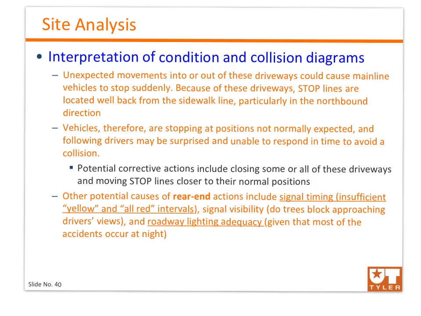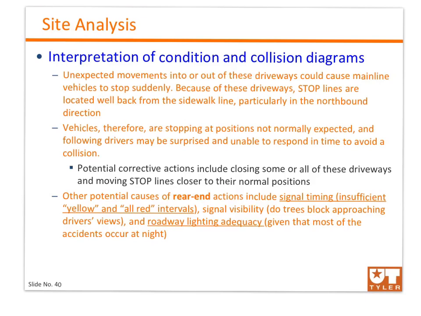Another thing that we could see from these two diagrams is that unexpected movement into or out of these driveways could cause the main line of vehicles to stop suddenly. Because of these driveways, stop lines are located well back from the side line, particularly in the northbound direction.